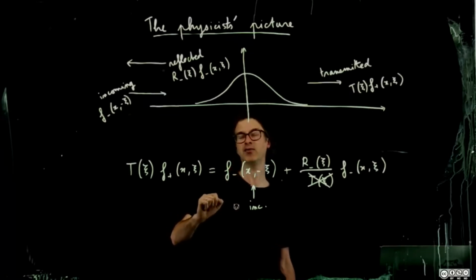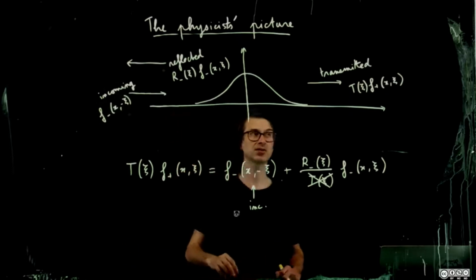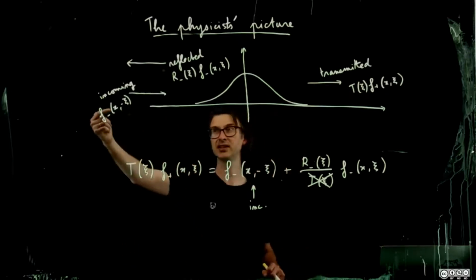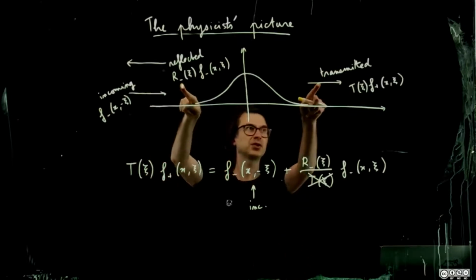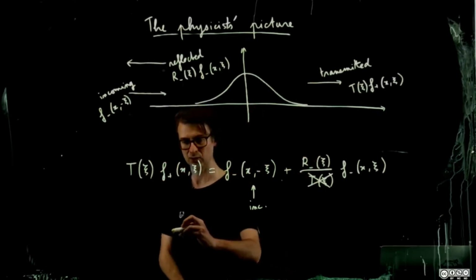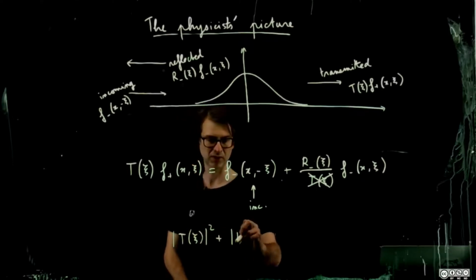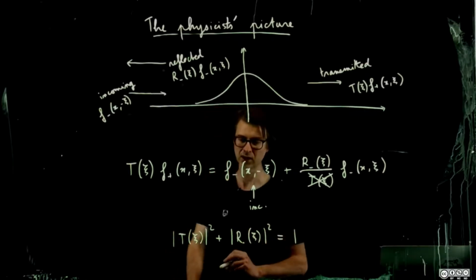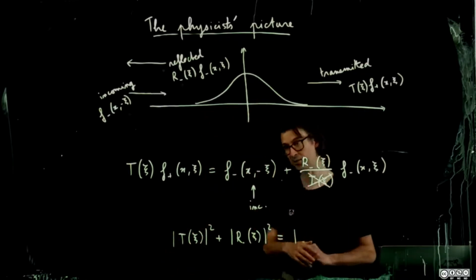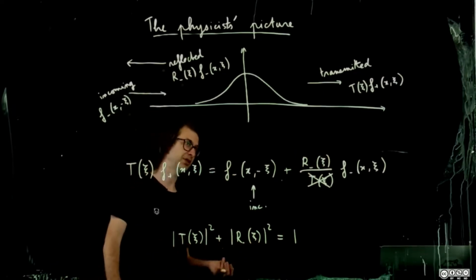And furthermore, right, there is the conservation of energy. So conservation of energy tells you that the energy of the incoming wave is distributed between the reflected and the transmitted wave. So that results in T of xi squared plus R minus of xi squared equals 1. So it's like conservation of energy in this picture, and it's part of the statement that the scattering matrix is unitary.